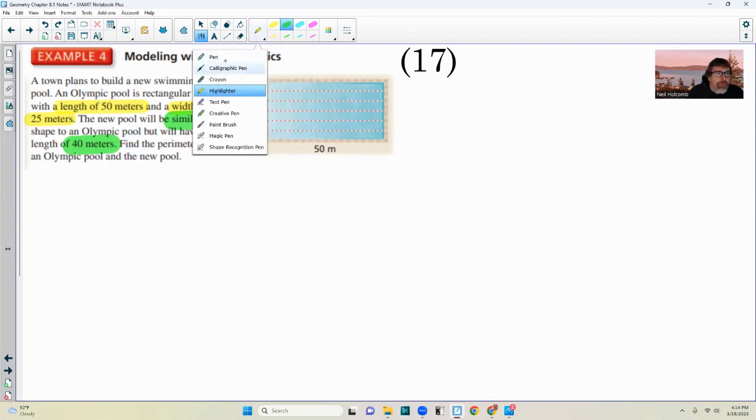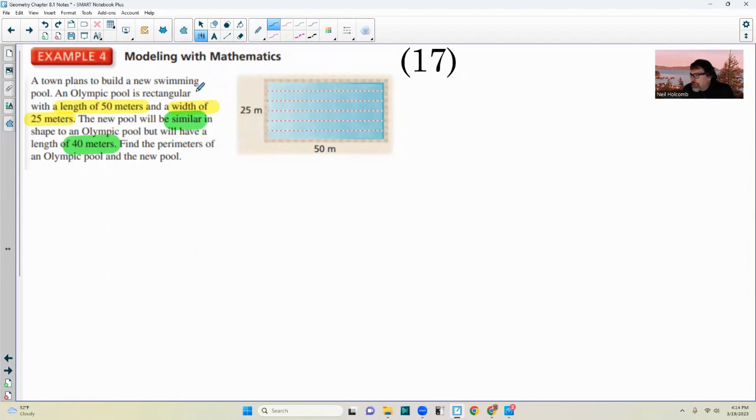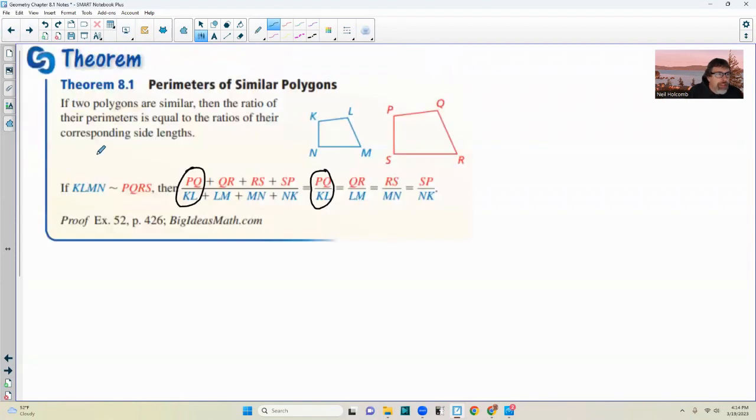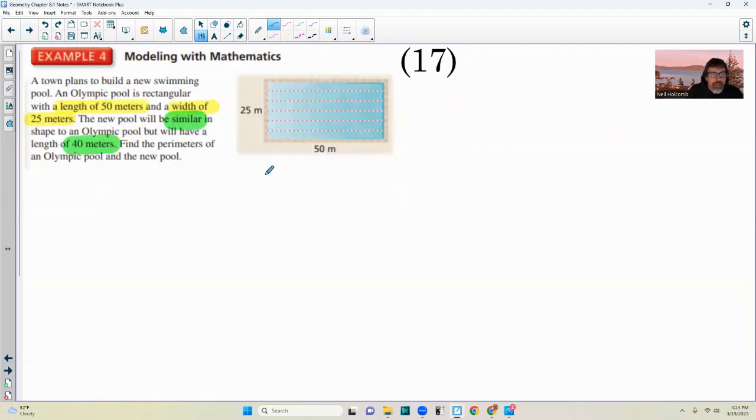Okay, so what we have to do is remember that if the polygons are similar, then each corresponding side has the same ratio, or K factor. So we want to find the scale factor of the similar rectangles and find the perimeter of the Olympic pool. The scale factor is a ratio of the lengths.